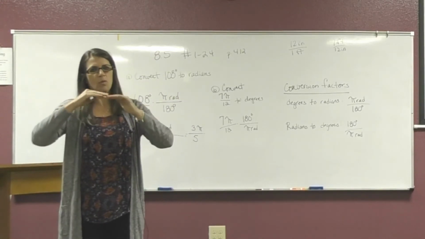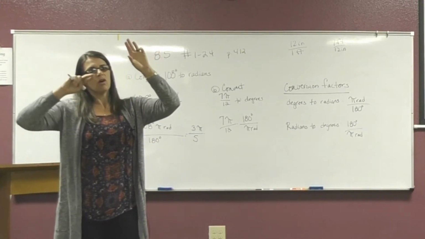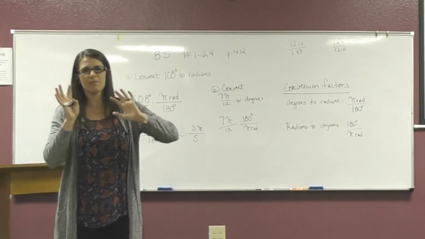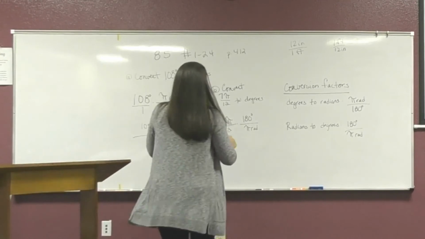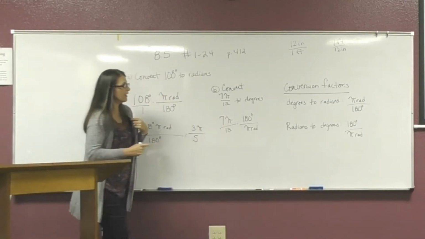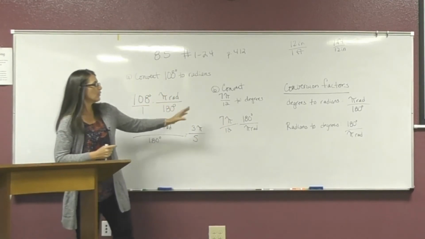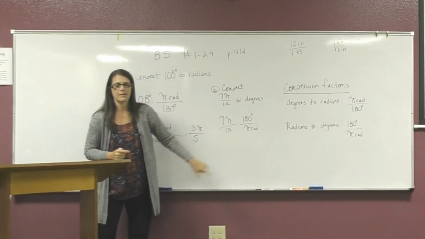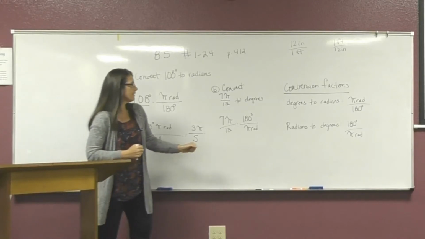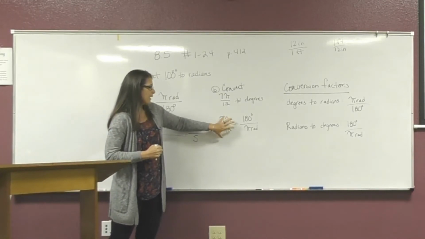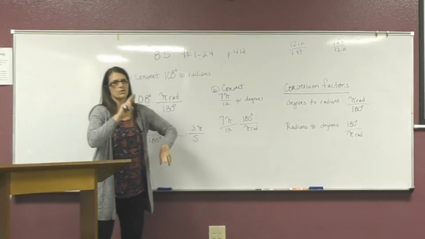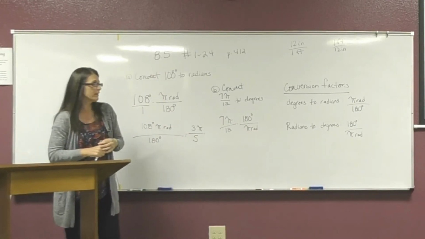If one's on top, you want it on bottom so that they cancel. So this is the same thing, okay? So I'm trying to go to degrees, so it's these pi's that I'm trying to get rid of, okay? This is in radians, and I need my radians gone, so you just have to remember that that goes on bottom.